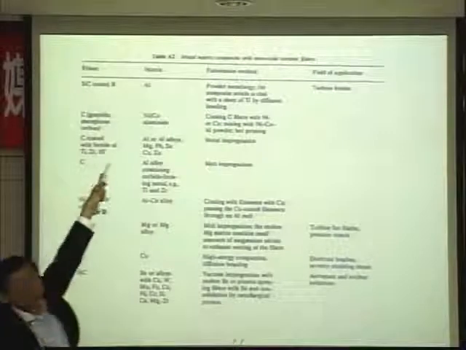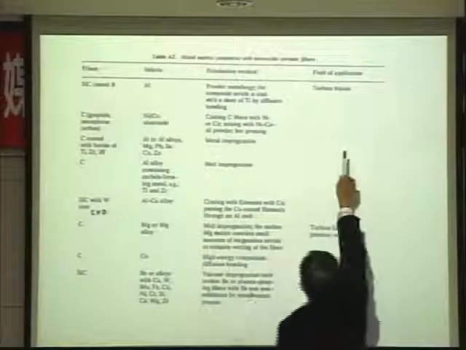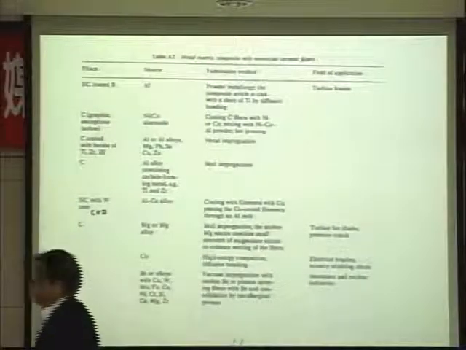Metal matrix composite with different kinds of fiber. Here is aluminum with silicon carbide reinforcement. They use it for turbine blades in the low temperature turbine area.